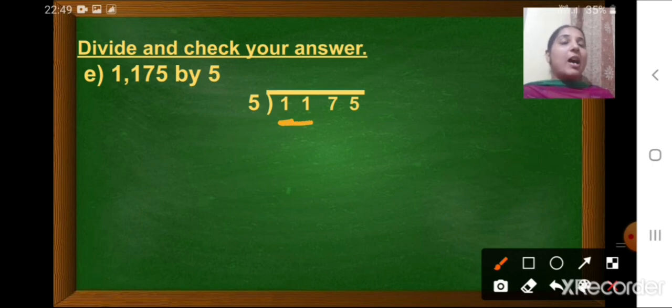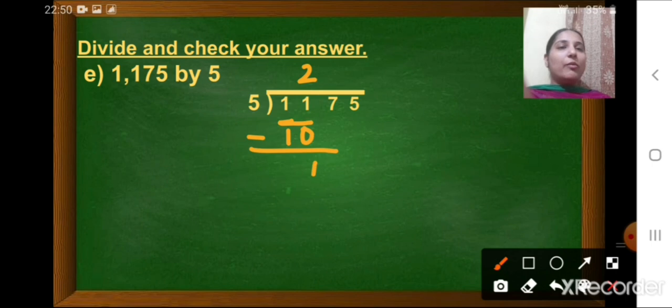Now 5 how many times will give you less than 11? 5 2 times is 10, 5 3 times is 15, which will be more than 11. So how many times? 5 2 times. Good. So 5 2s are 10, we will write here.